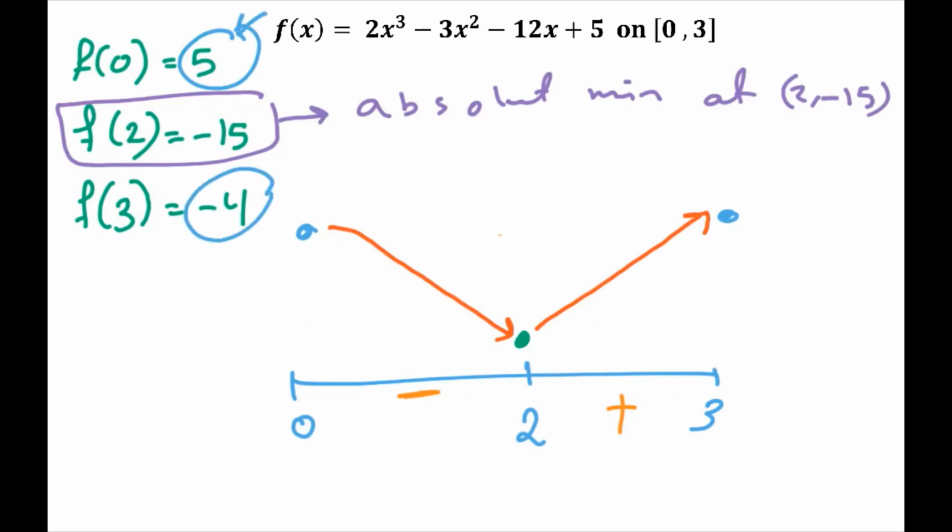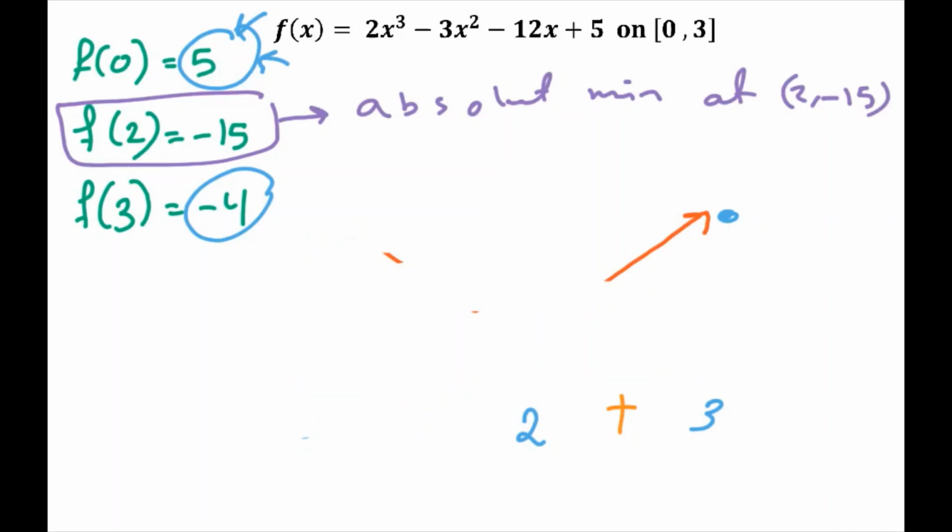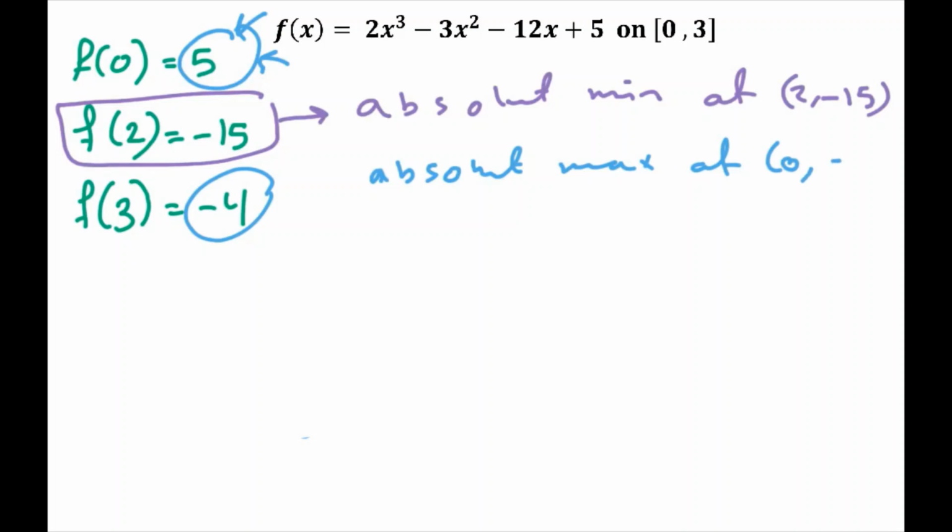This one is bigger than this one, so this is going to be an absolute, this is local. So we're going to say absolute max at (0, 5), local max at (3, -4).